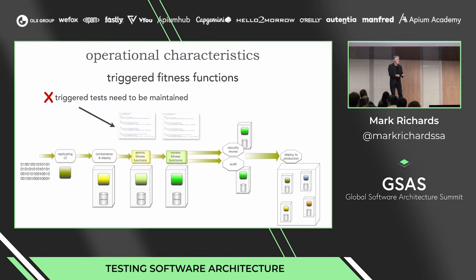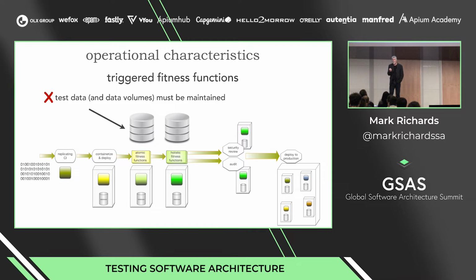Do occur. The first, we have to maintain those tests. And that's not only expensive, but it's probably the most horrible job you could have. No one wants to do this. No one wants to pay for these tests. But even worse, we have to maintain corresponding test data and the volumes of that data.